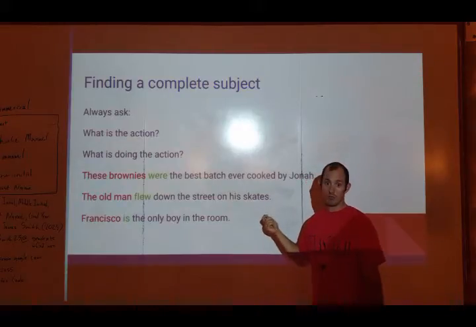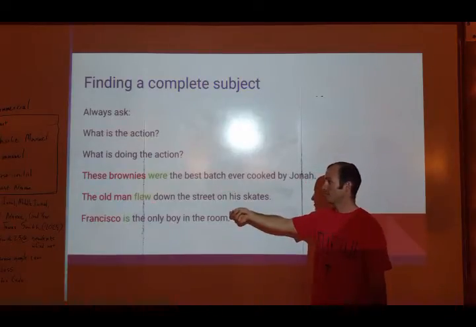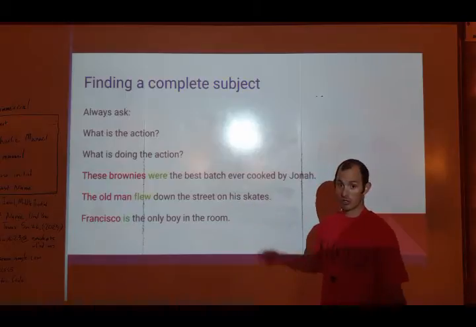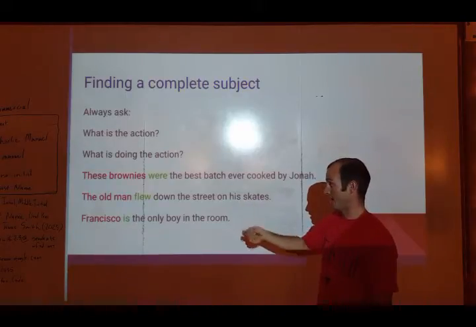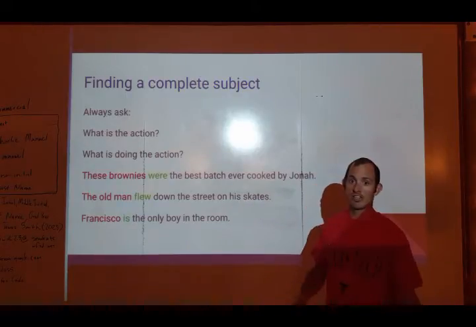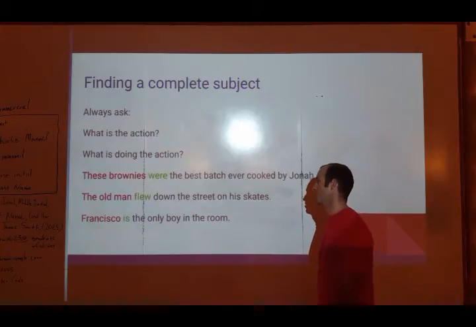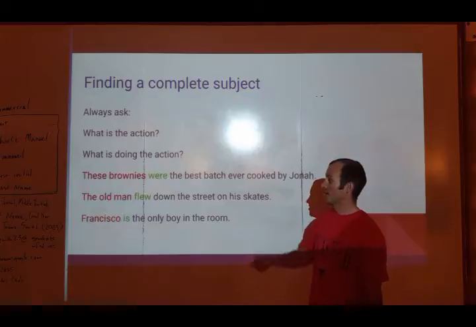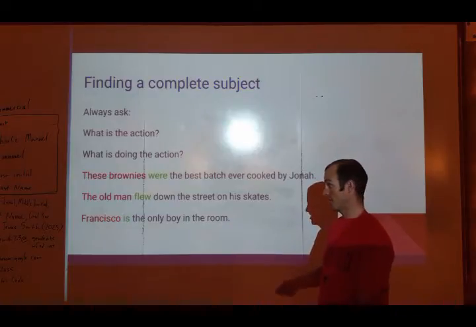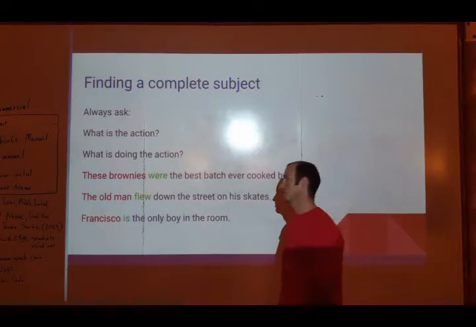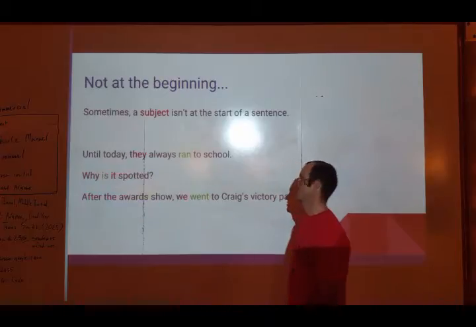What is the action? It is flew. Who is doing the action? The old man. Francisco is the only boy in the room. What is the action? Is. Is the action. What is? Francisco.